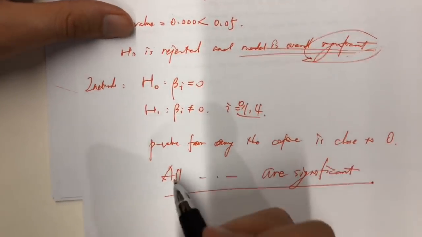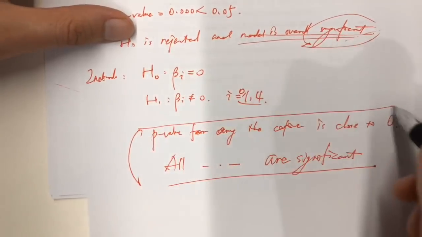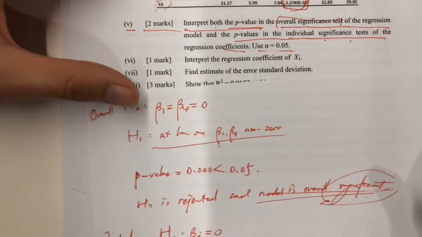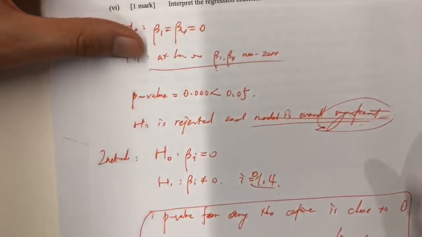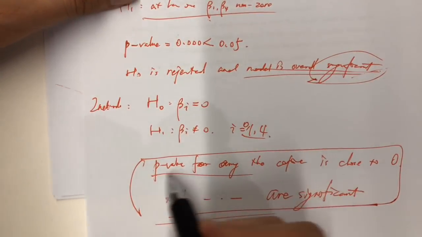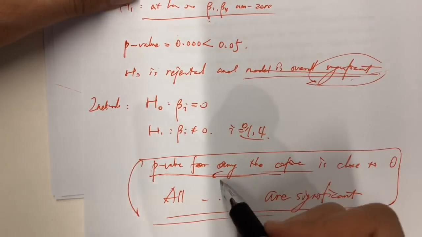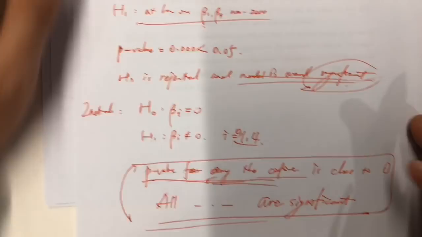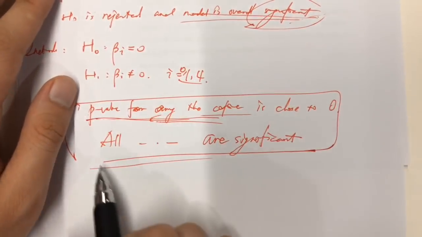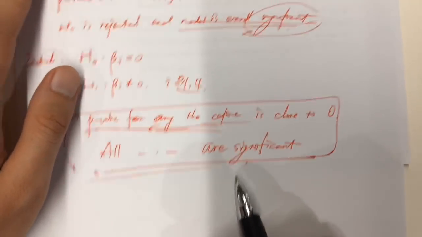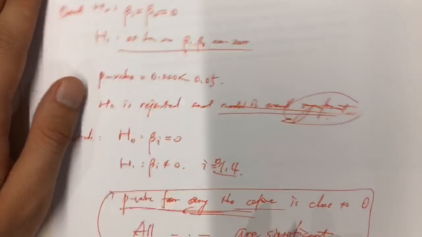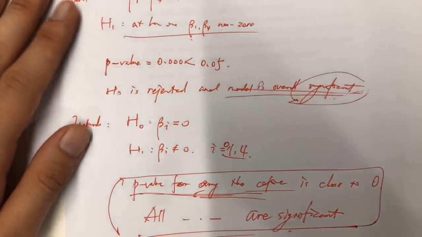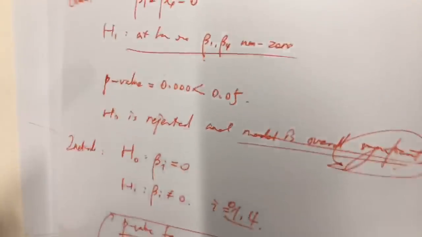I'm just lazy to write it in only 2 lines, because it only is worth 2 marks. You don't need to write too much. So you can say the p-value for all the coefficients is close to 0, and we can conclude that all coefficients are significant. So this is not hard, right? Now, let's look at the next question.